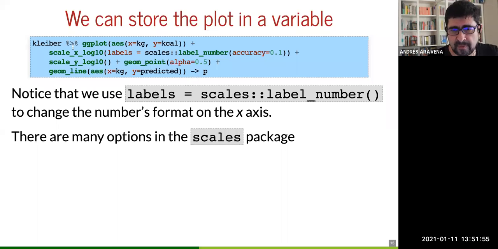So, for example, here I did all the steps before, but then I put an arrow and I put the result in P. So I stored it and the plot is not shown. Instead of being shown, it's saved in a variable, the same way that we save vectors and data frames and things like that. Fine? Do you follow me in this part?